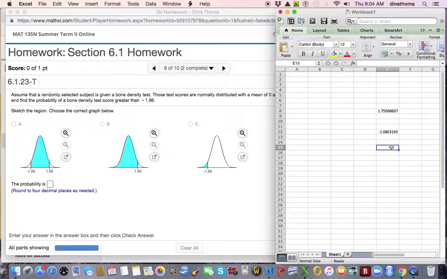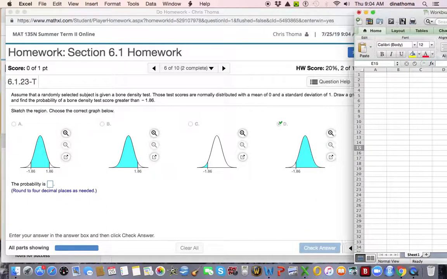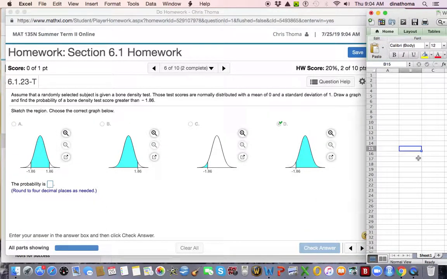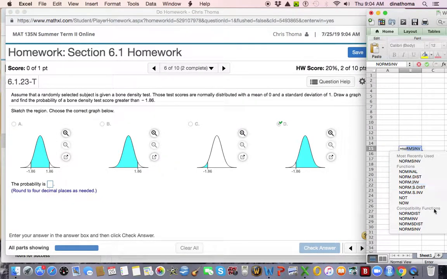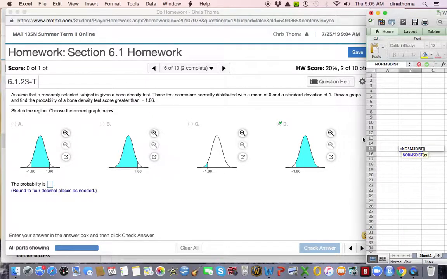So now, let's scooch this over so we don't have to cover up so much. If I put equals NORM.DIST, sorry, NORM.S.DIST, with an S, because I want the standard normal, so I want the one with the S. You only use this when you have a 0, 1. And it says I want negative 1.86, so that is my z-score.